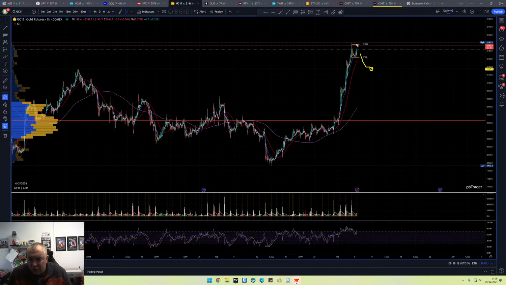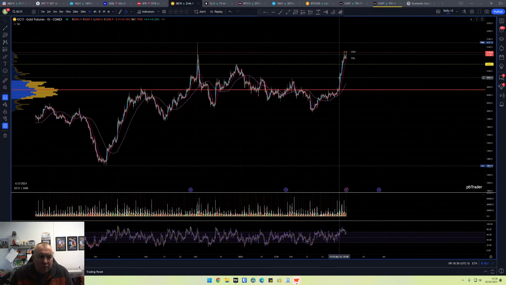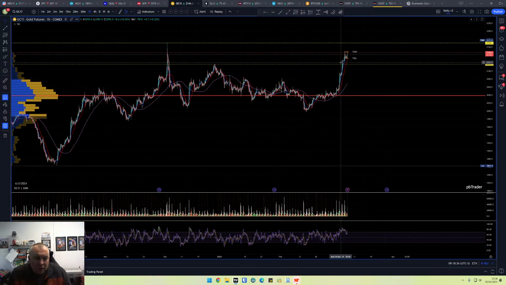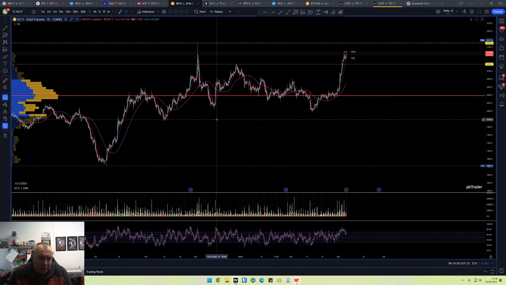Otherwise, to continue this run back, if we get back down to pre-market low, we could look for a double bottom. We've got pre-market high, break and retest pre-market high as well into this rejection area. I'll just mark off the top, 2170. I don't think we've got anything else in that area.